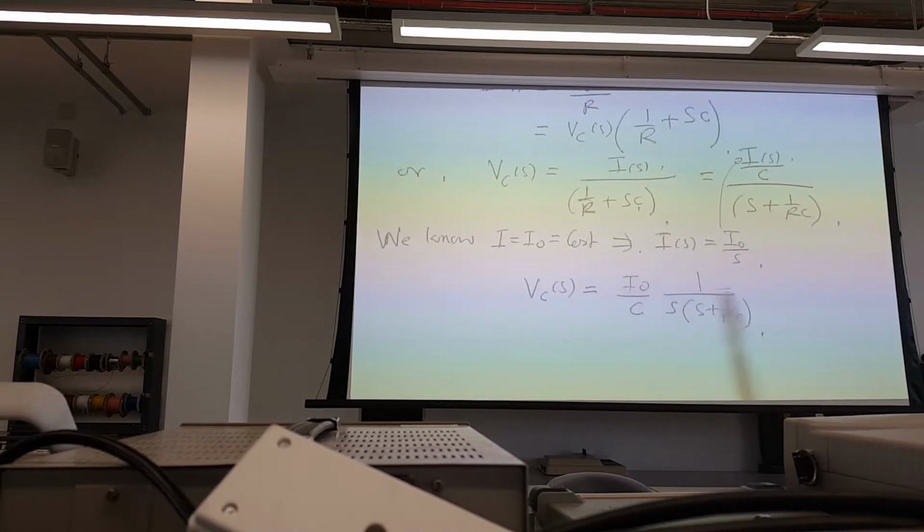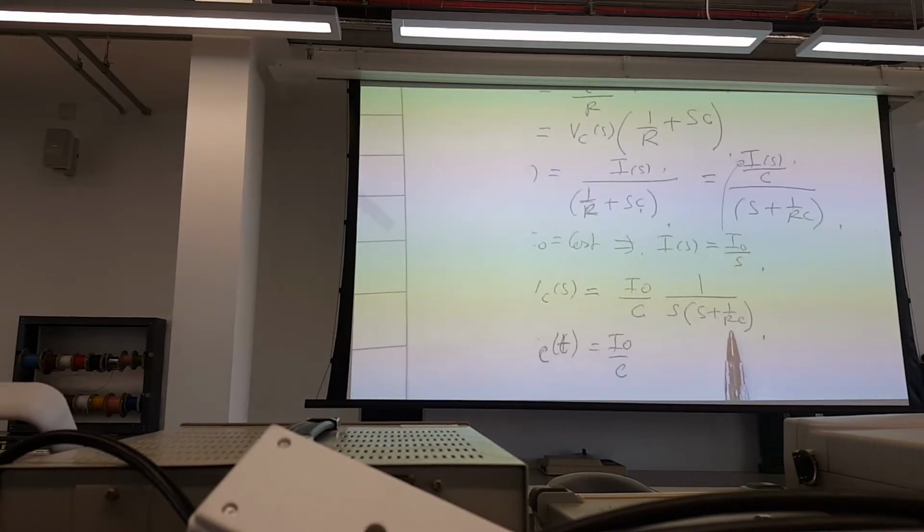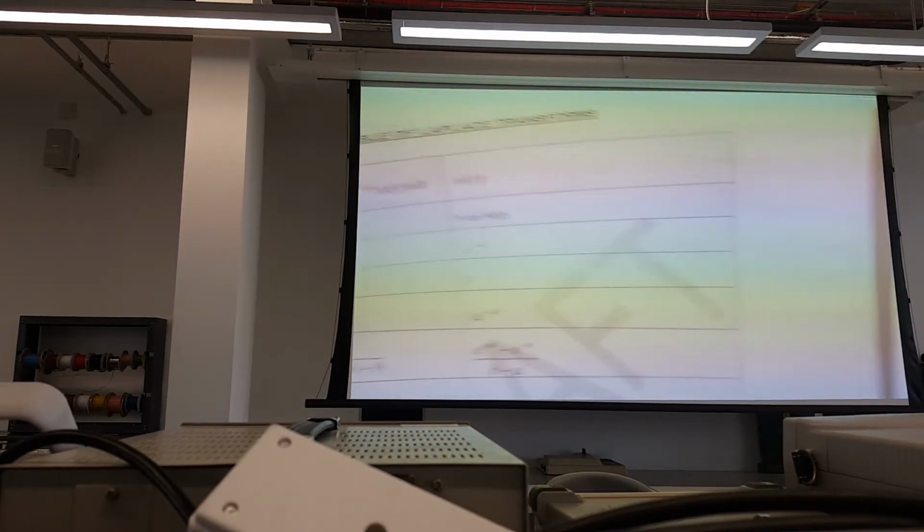We've just got to say inverse Laplace transform 1 upon S into S plus 1 upon RC, and then multiply it by this constant here. And that will give us VC of t. If you look in the Laplace transform tables, you'll get VC of t equals I naught over C, inverse Laplace transform of 1 upon S into S plus 1 upon RC, and you find it's here somewhere.